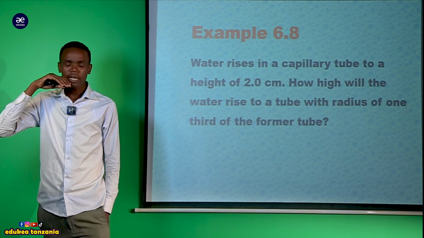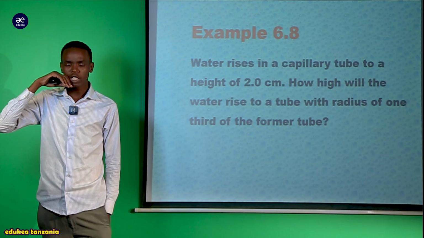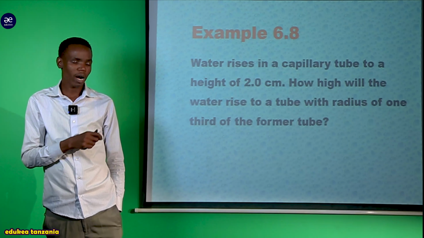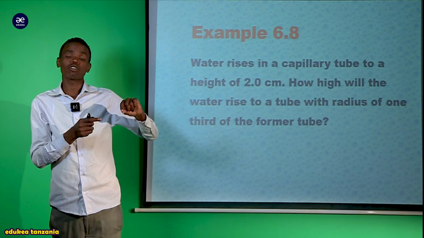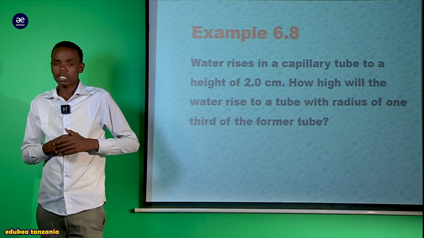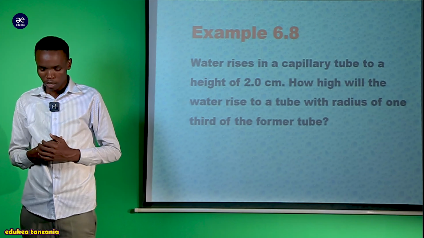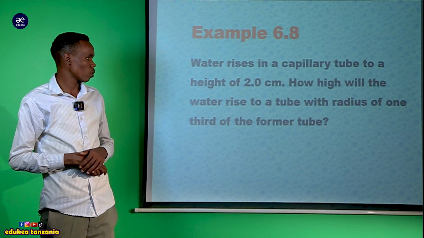Now, what will be the height if the radius of that capillary tube is one third of the radius of the former tube? So how do we get the height of the second tube? This is what we have been asked in our equation here, my lovely students.